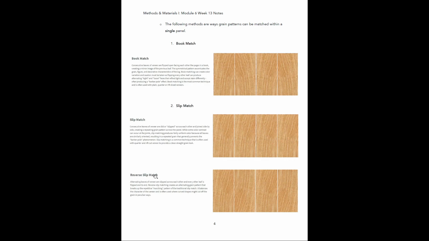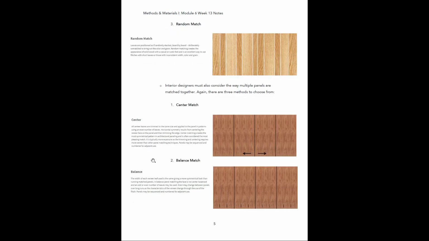Then you can also do what's called a reverse slip match, where you take the second one and flip it upside down. You can see this produces a shape where it goes up and then comes back down on itself. But I have categorized these two as basically the same thing, so they're both a type of slip match.